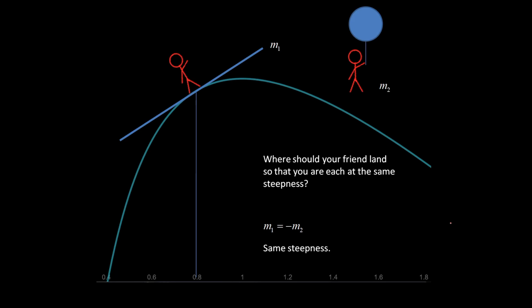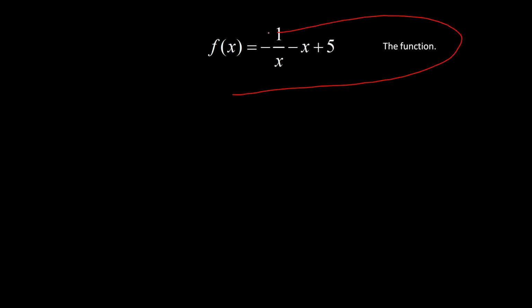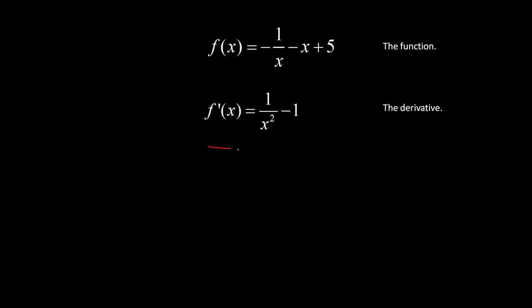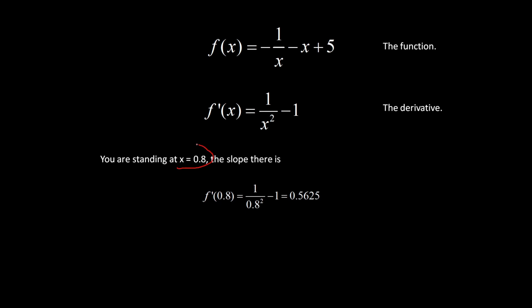Now to do that, we need the derivative. So here's the function that I'm actually graphing. And check out the practice videos for hand work on getting the derivative. But for now, I'm just going to give you the derivative. And here it is. This is the derivative of the function. And you're standing at 0.8. And remember, the derivative gives us the slope at every point.